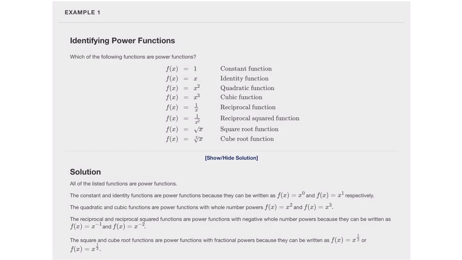Quadratic function, x to the power of 2. Notice that all these powers are real numbers. Reciprocal function 1 over x is x to the -1. That's a real number. Reciprocal square function will be x to the -2. Square root is x to the 1/2, and cube root is x to the 1/3.